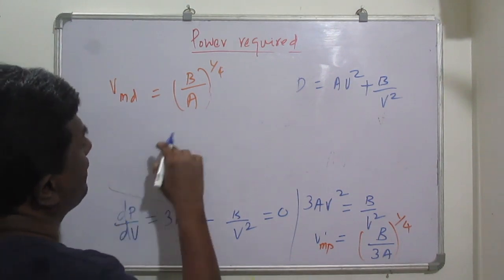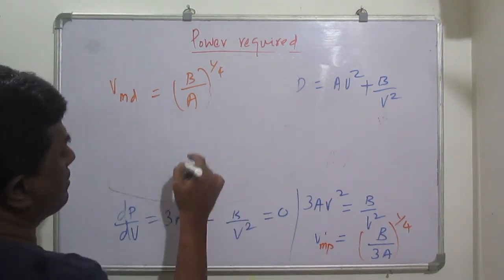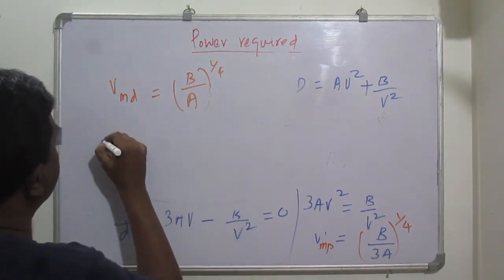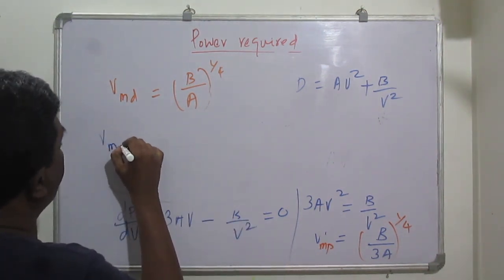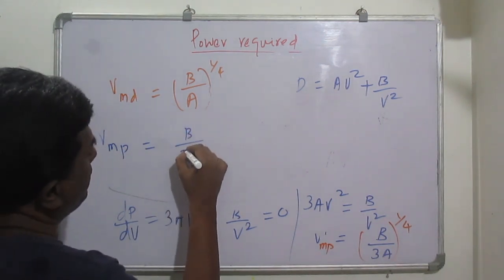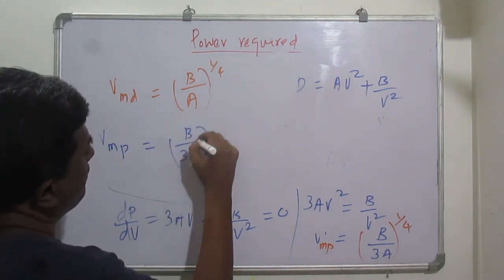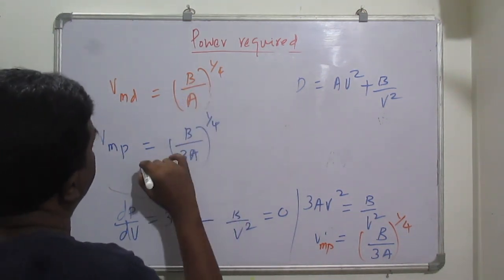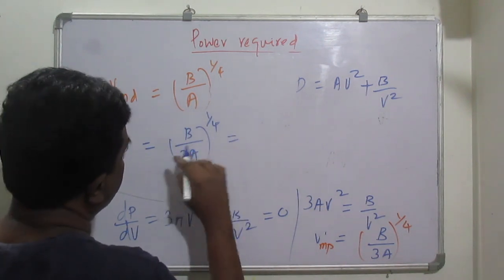minimum drag. So now we can compare this and this. If you are comparing, we can say minimum power equals b by 3a whole power 1 by 4. So by comparing these two, we can now simplify.